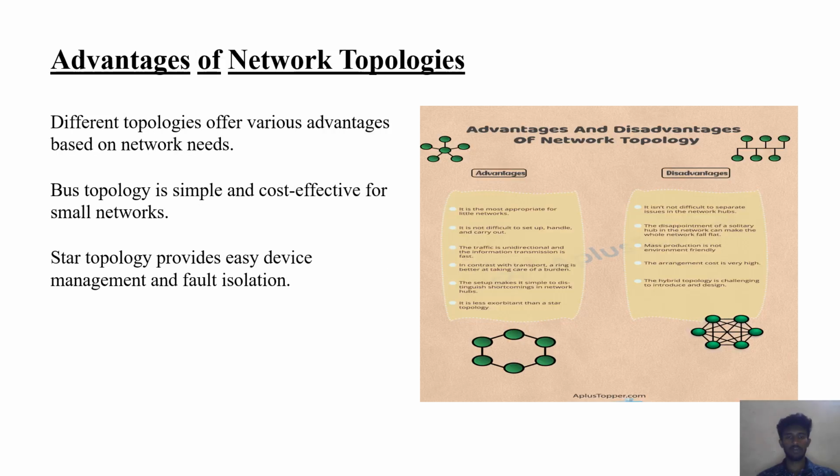And the next one is the advantages and disadvantages of network topologies. Different topologies offer various advantages based on the network needs. Bus topology is simple and cost effective for small networks. The star topology provides easy device management and fault isolation. The ring topology is appropriate for small networks, it is not difficult to set up and handle, and the traffic is low and information transmission is fast.